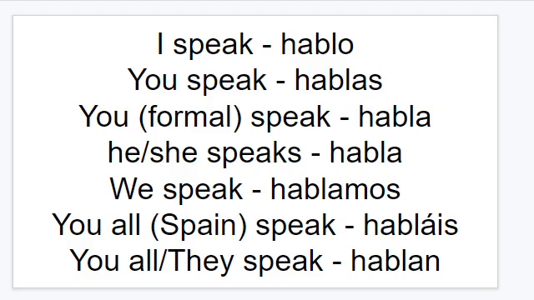One is the one that people use in Spain, and the other one is the one that people use in other countries. I use that you all, the one that is at the bottom. You all and they speak, and they have the same ending.